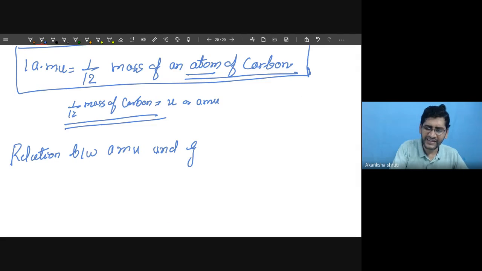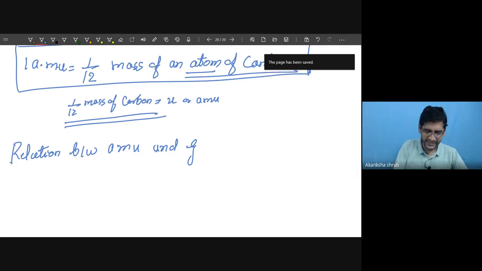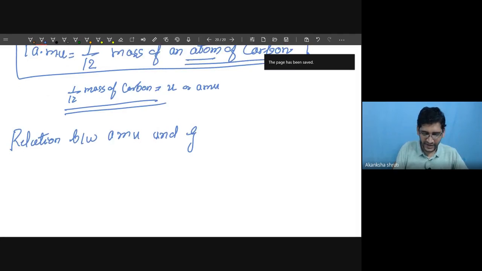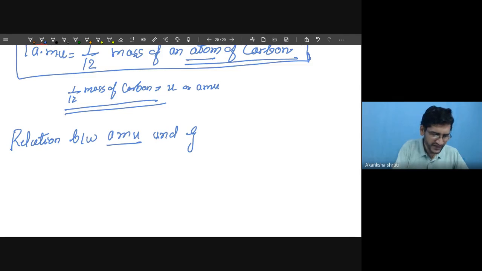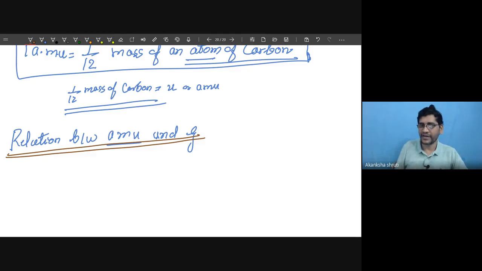This is very easy. If we have understood the definition of this AMU, we can quickly write the relation between AMU and gram.